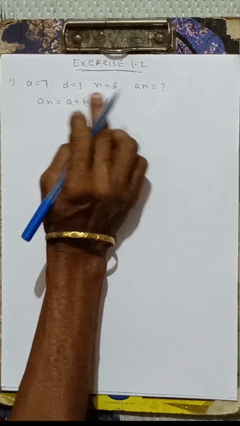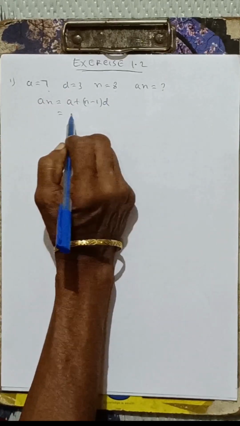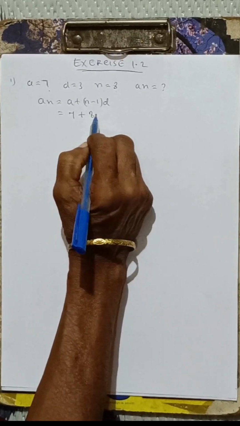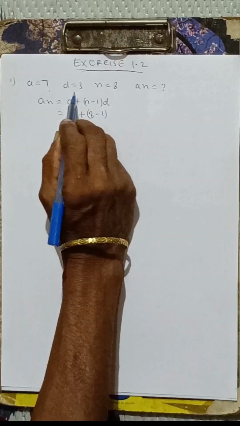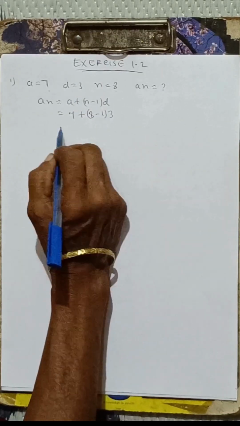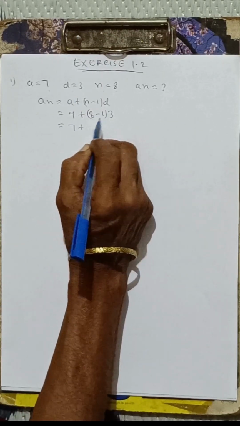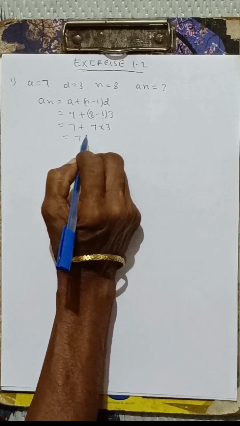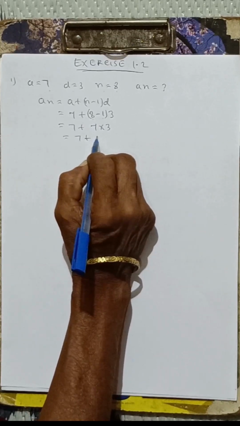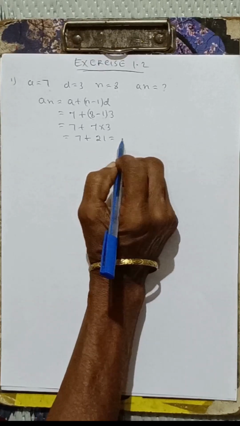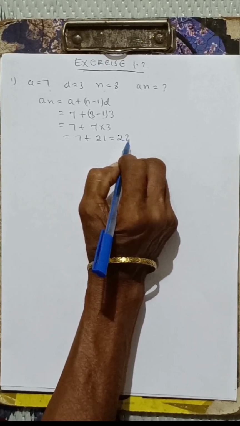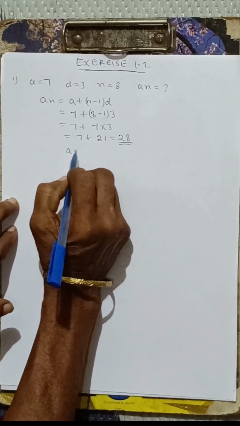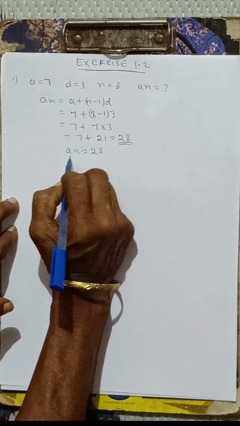So substitute all these values in the given formula. an equal to 7 plus (8 minus 1) into 3, so 7 plus 7 into 3. 7 threes are 21, so 21 plus 7 equal to 28. Therefore, an equal to 28.